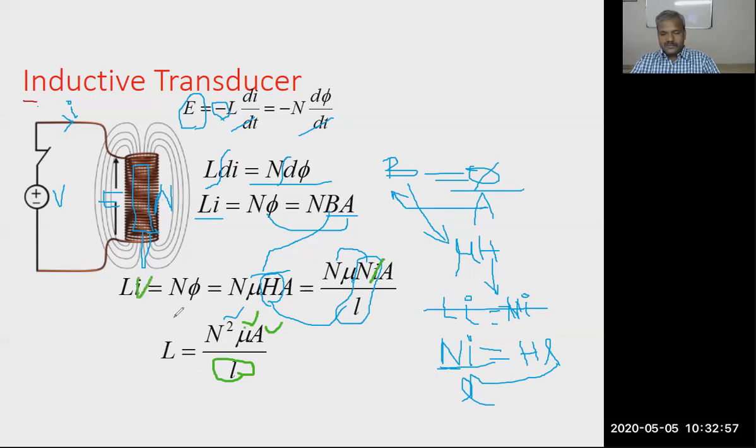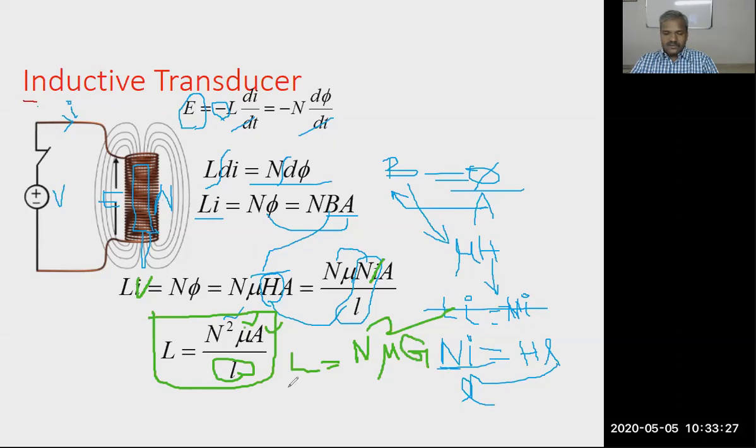So L becomes N square mu A by L. From this relation, what we conclude is L equal to N square mu. The A by L is considered as G, the geometric factor. So L equal to N square mu G.